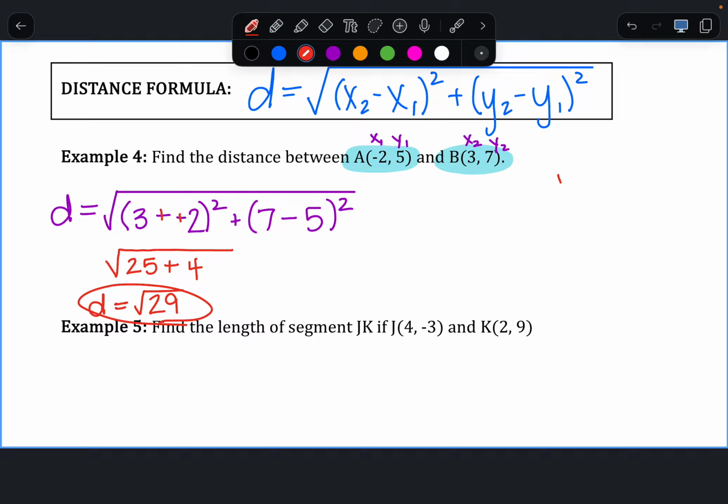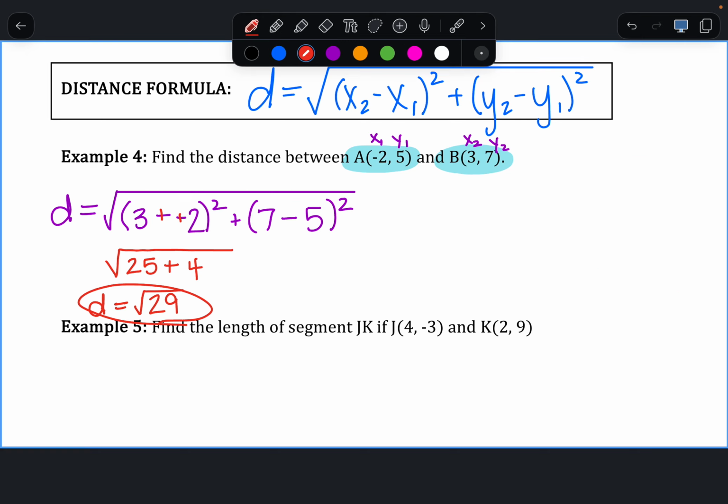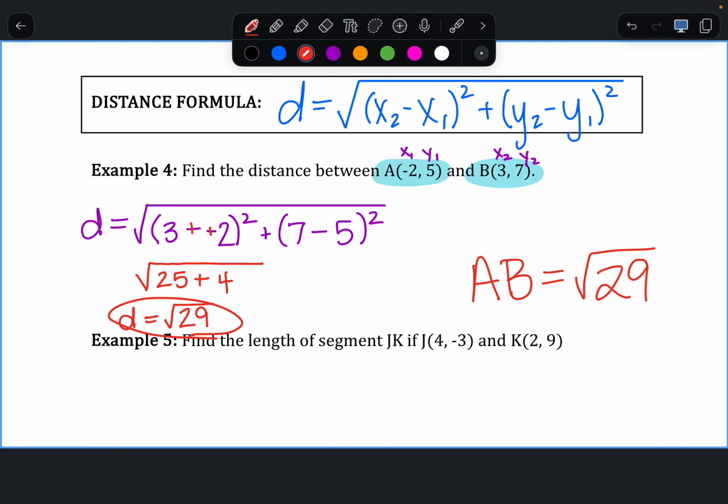So we can do 49 times 36, and that's the same as 7 times 6. But if we have 49 plus 36, we cannot separate out the square root. We have to do the addition underneath of it. Now, since the distance between A and B is the square root of 29, then we can say that the measure of AB is the square root of 29.